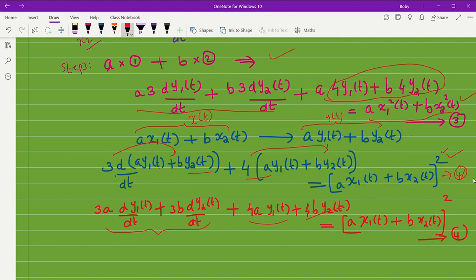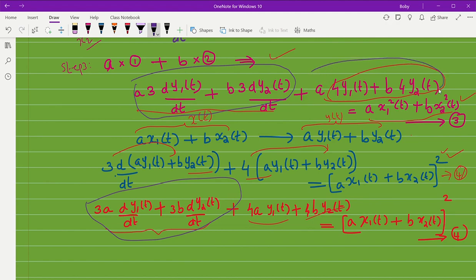Now we compare this equation number 4 and 3. So we need to compare equation number 4 and equation number 3. What is the comparison result? Look at the first two terms in equation number 3. That is the same as the first two terms in equation number 4.